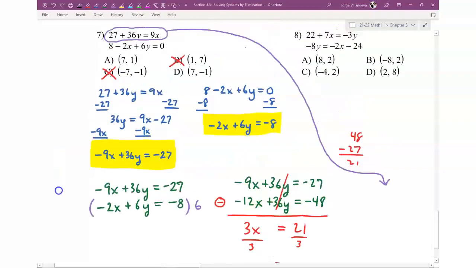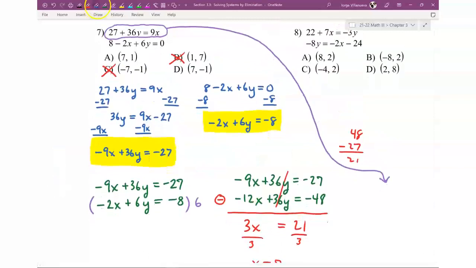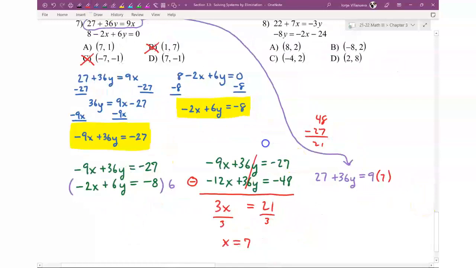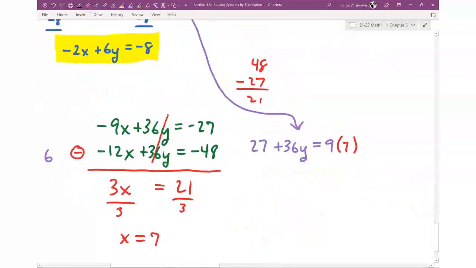So I'm going to plug in a 7 for x, okay? So here we go. 27 plus 36y equals 9 times 7. Okay, so there you go. I just plugged it in. So 27 plus 36y equals 63.